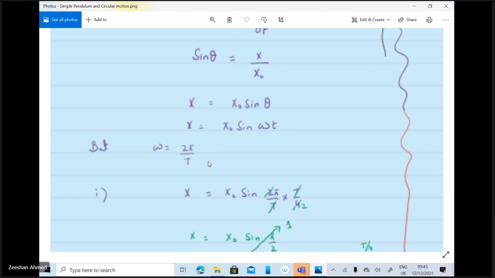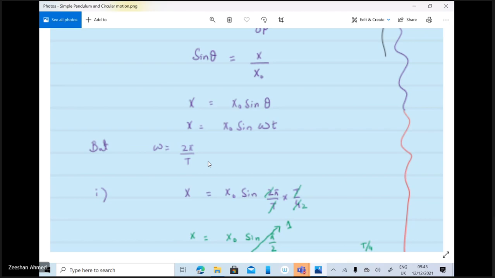Just remember your omega equals 2 pi by T. The equation was x equals x naught sin omega t. And I just wrote x equals x naught sin 2 pi by T into small t.